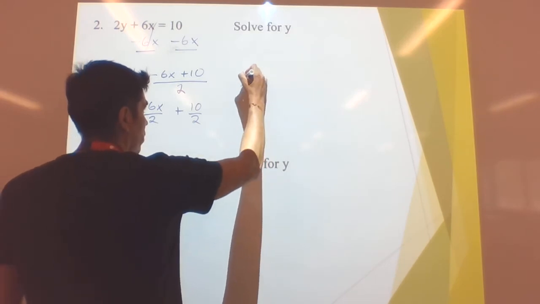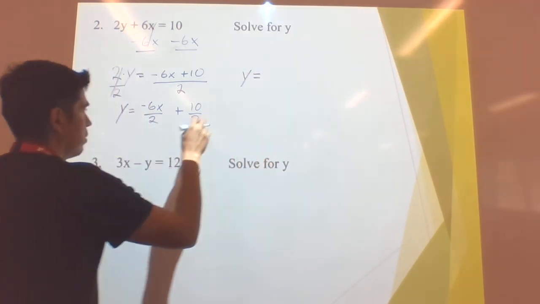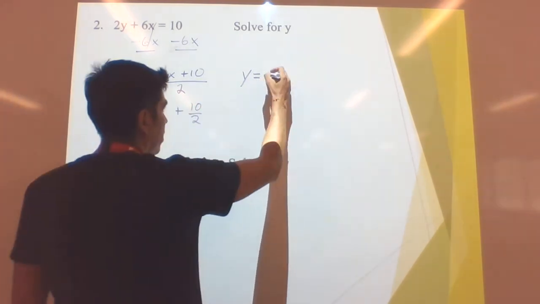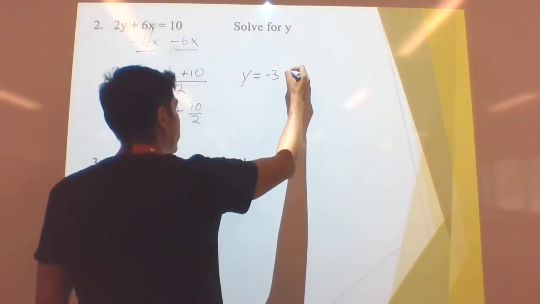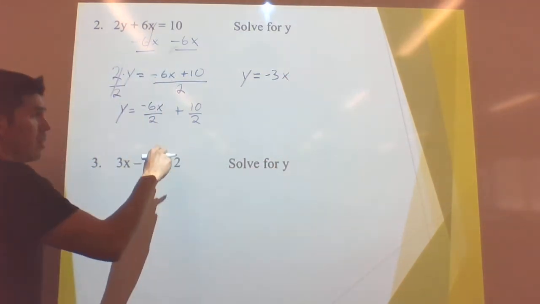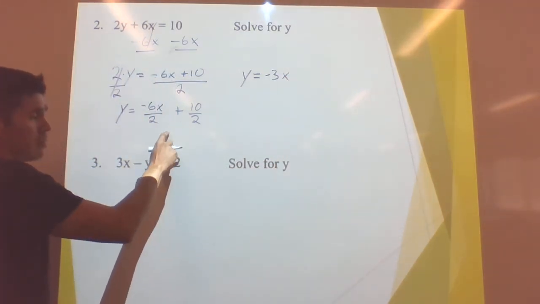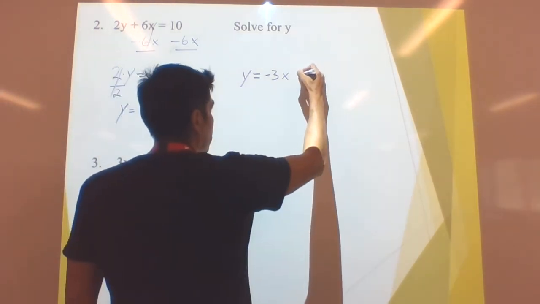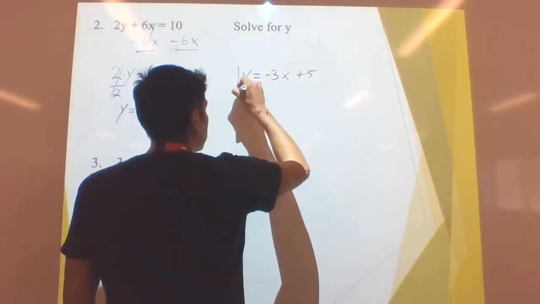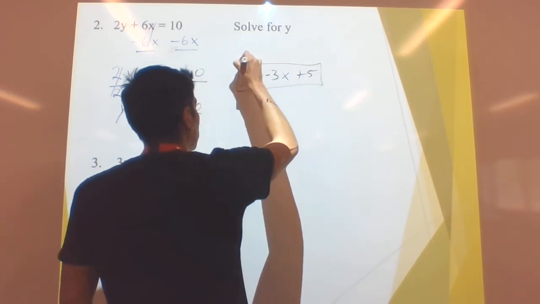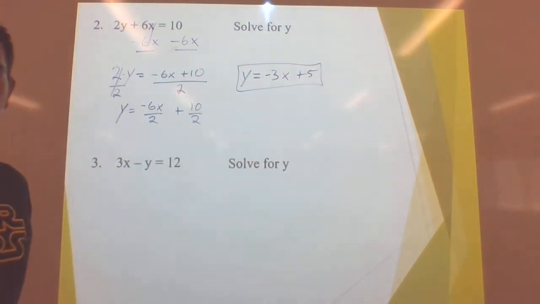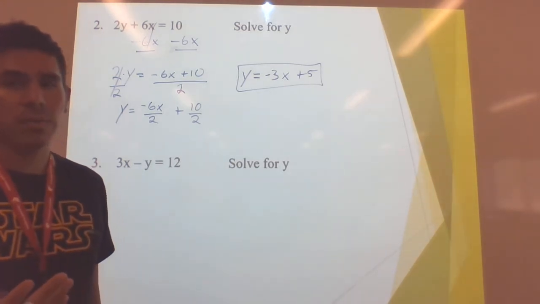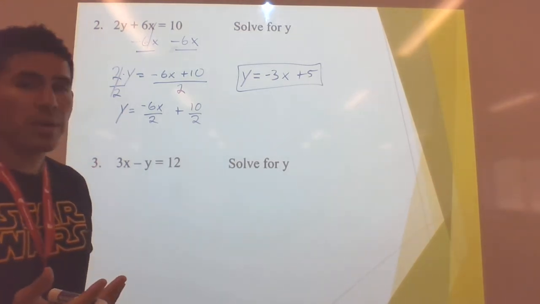Negative 6 divided by 2 is just negative 3. Negative 3x, the x is still there. Plus, what's 10 divided by 2? 10 divided by 2 is just 5. And now we have isolated y, and we have y equals negative 3x plus 5.